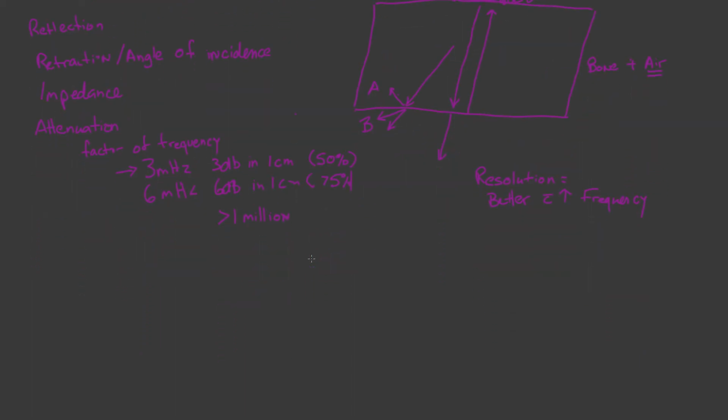Finally, I wanted to talk a little bit about time gain compensation to finish up. So time gain compensation, or we'll just simply talk about gain, is how the machine actually takes those really deep signals and makes them easier to see.